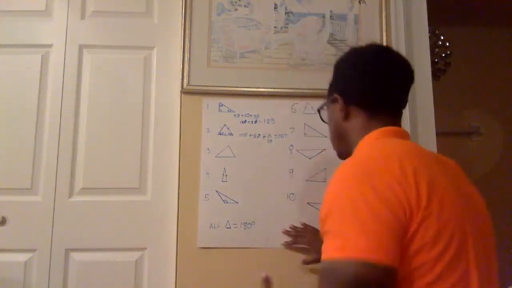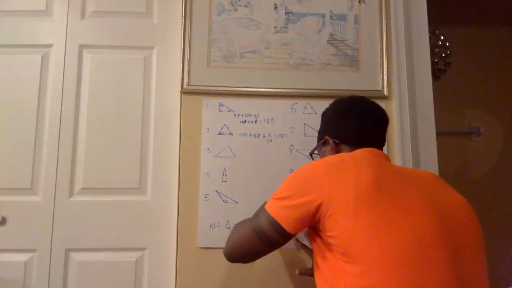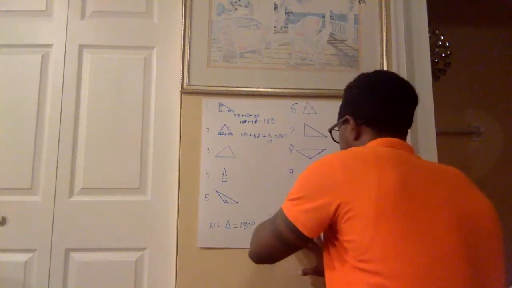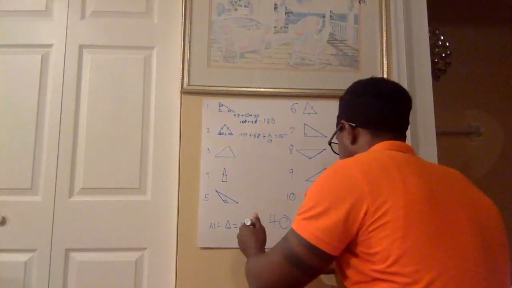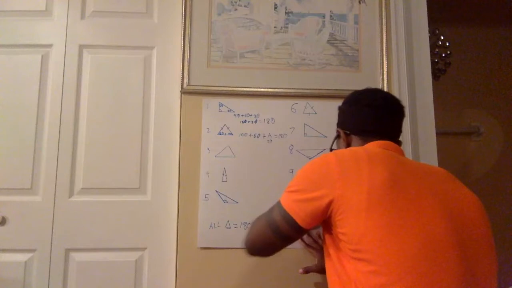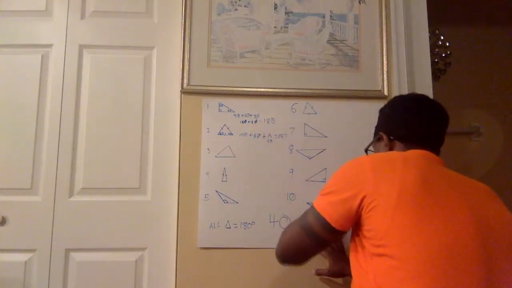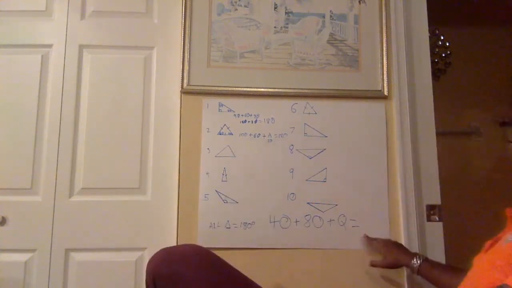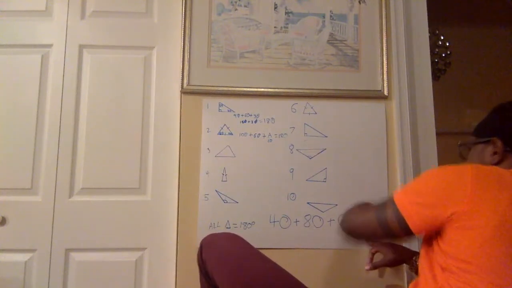Let's say, I need to write it probably a little bigger. Let's say I have 40 degrees on one angle, and then I have 80 degrees plus something, let's do Q, is equal to, we know it's a triangle, so it has to equal 180.